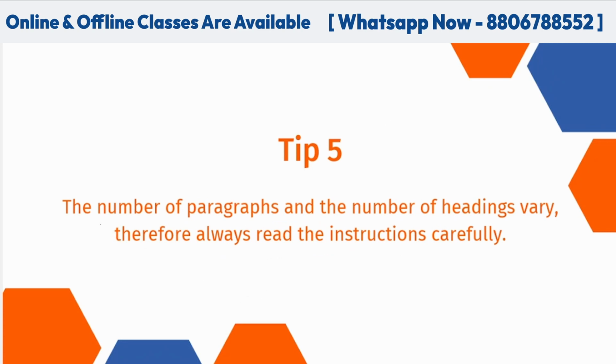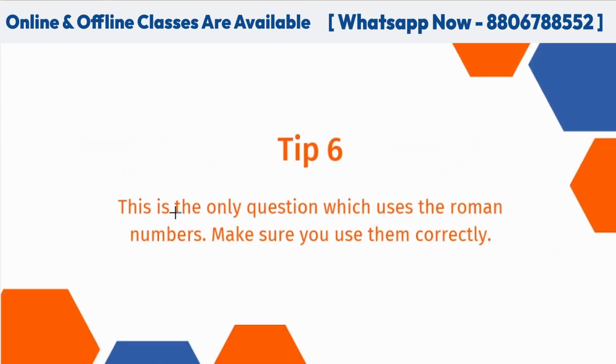The next tip is the number of paragraphs and the number of headings vary. Therefore, always read the instructions carefully. So you need to read the instructions, as I've mentioned before, carefully so that you did not make any errors. Tip number 6. This is the only question which uses Roman numbers.